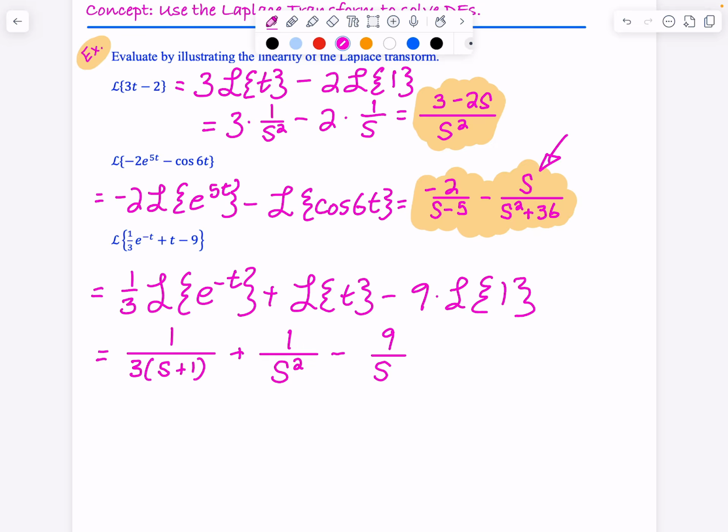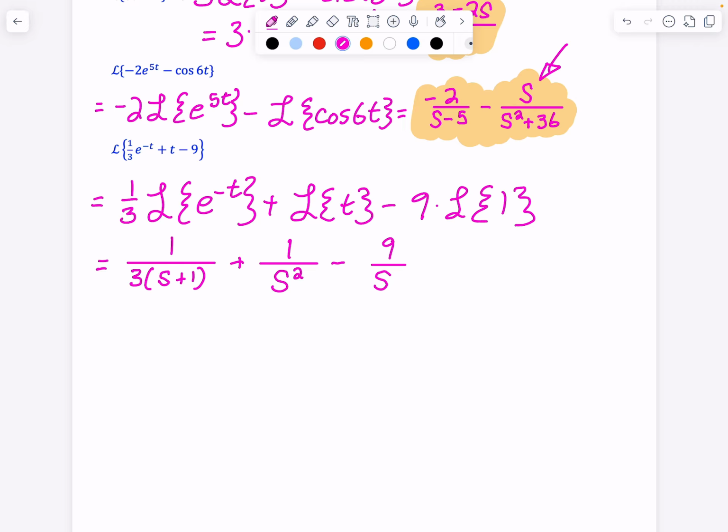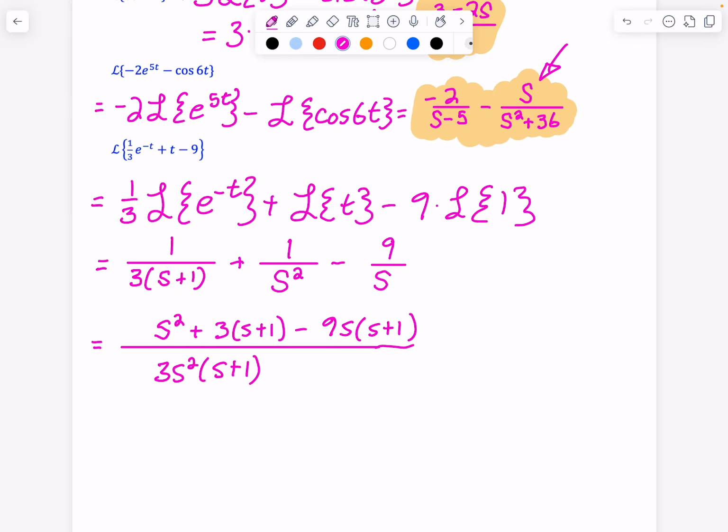I guess we could put these together. It's not too bad. Let's do a common denominator. The common denominator will be 3 s squared times s plus 1. That's the whole denominator. We are missing an s squared from the first one, times 1. From this one, we're missing a 3 times s plus 1. And then the last thing, we're just missing an s and an s plus 1.